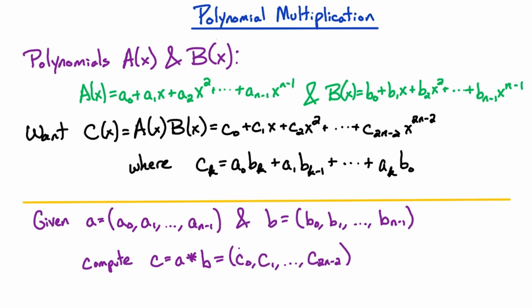We want to solve the following computational problem. We're given the vector of coefficients defining a of x, and the vector of coefficients defining b of x, and we want to compute the vector of coefficients for the product polynomial c of x. Now this vector c is known as the convolution of a and b. So this star symbol denotes the convolution.